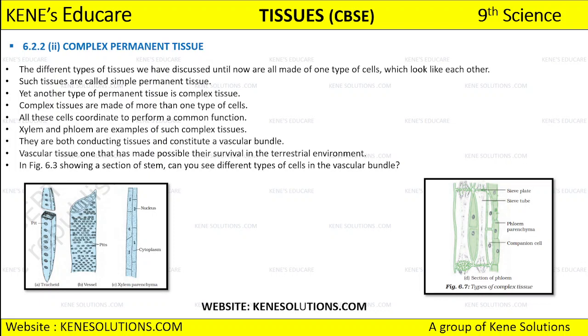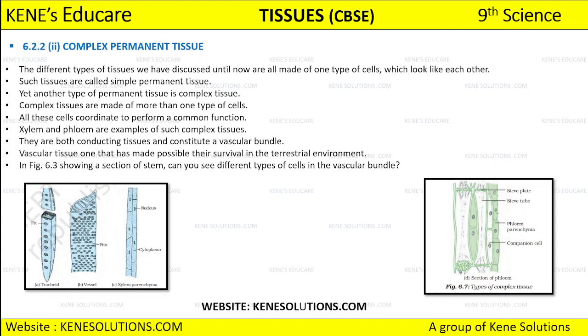Xylem and phloem are examples of complex tissue, and both are conducting tissues. They constitute a vascular bundle. Vascular tissue has made possible survival in the terrestrial environment. Who made their survival possible in the terrestrial environment? It is made possible because of this vascular tissue.